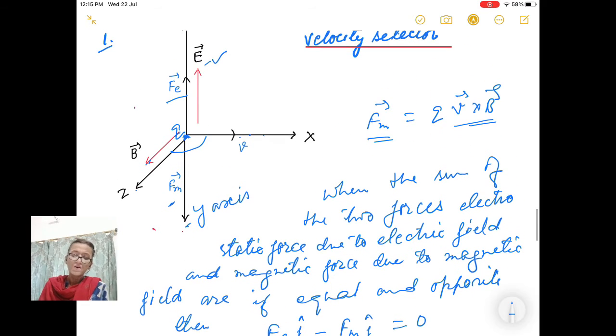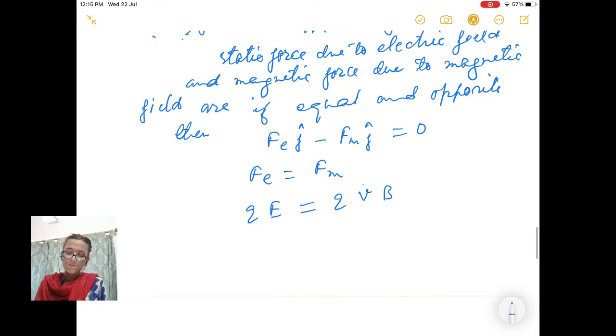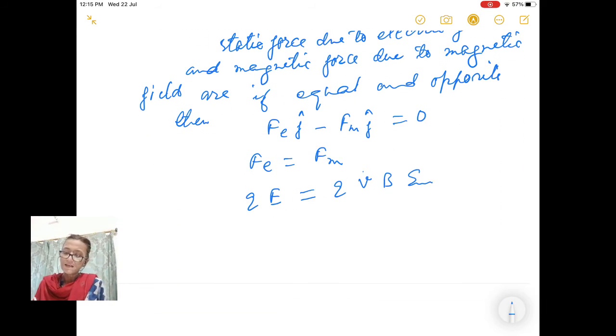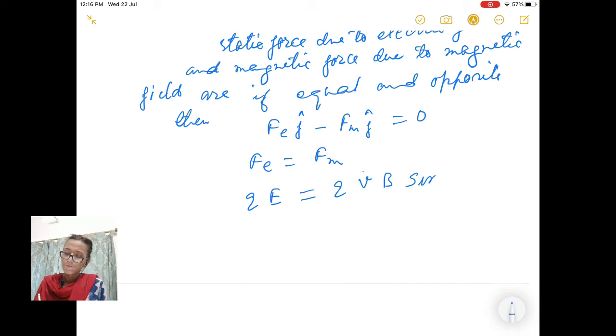This velocity and B, you can see, are perpendicular, so sine 90 degrees means 1. Therefore, if you cancel q, your velocity comes equal to E upon B.